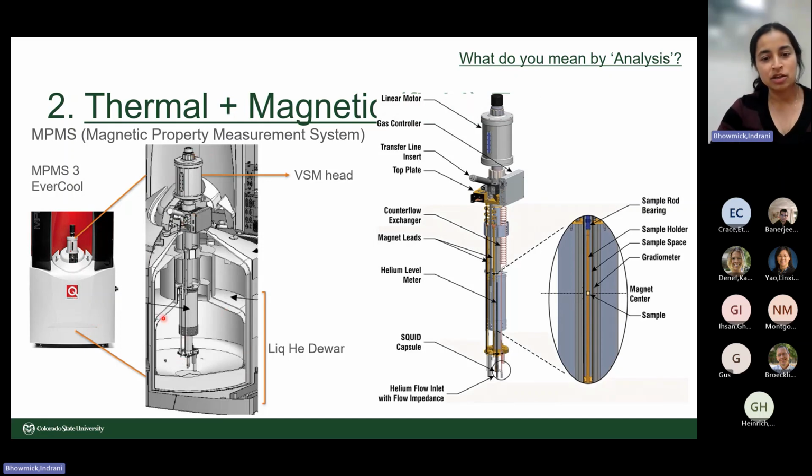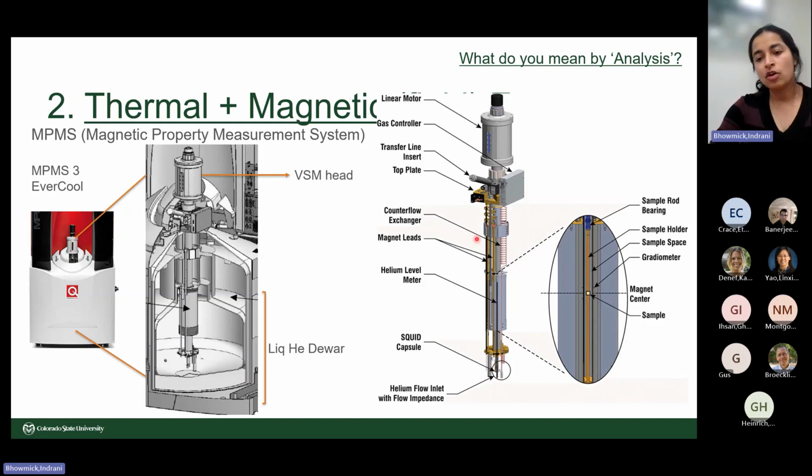There is a liquid nitrogen bath here where your magnet sits at very low temperature, 4 Kelvin, liquid helium temperature. There you have the magnetic coil, and the blue line here is your sample rod, and your sample will sit just here. A 5 millimeter by 5 millimeter sample, or a 5 millimeter cube, will sit here for your measurement.